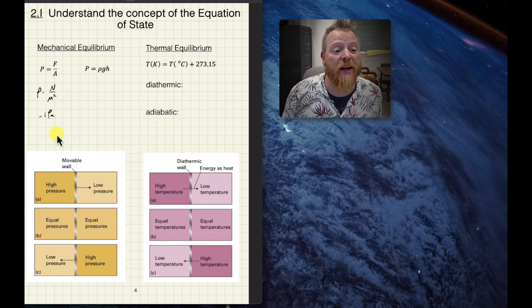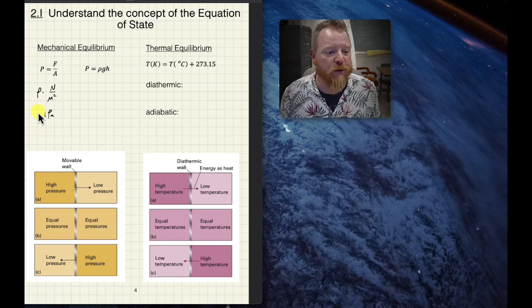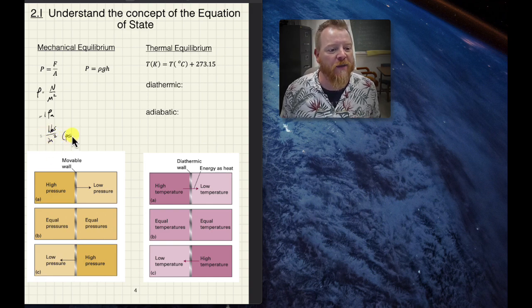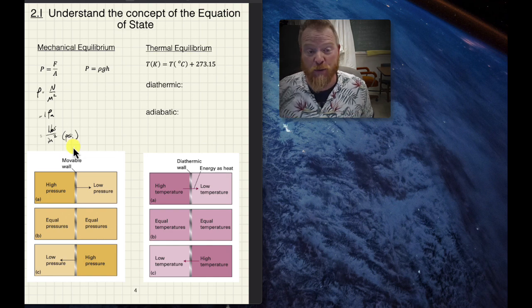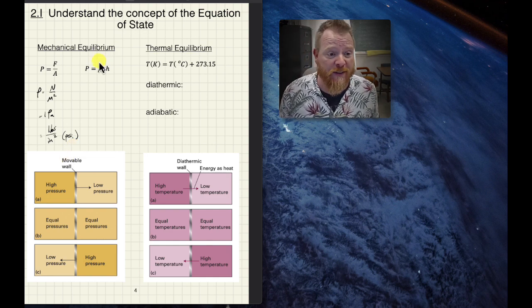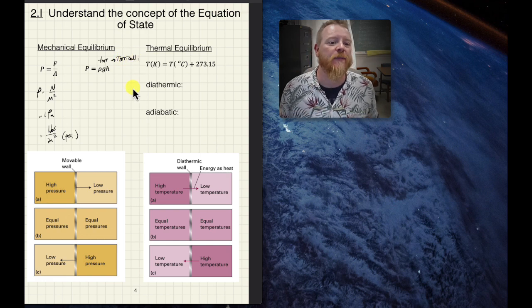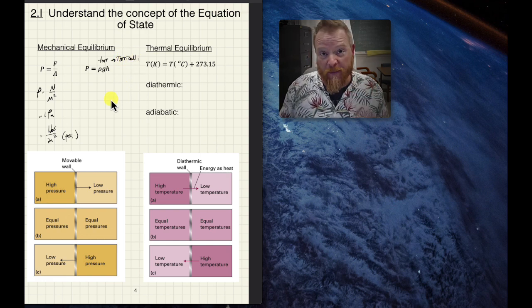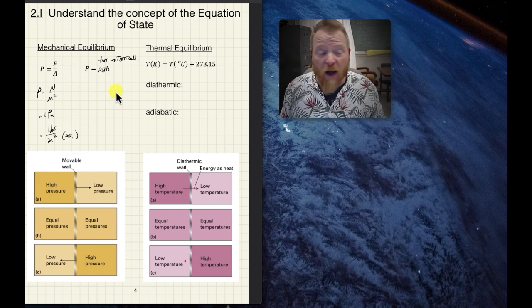Of course, we could do that in terms of pounds per square inch, right? If I have a pound of force acting over 1 square inch, then we know that that is a PSI, a pound per square inch. Or our other unit that we often see in chemistry is the torr, named for Galileo's graduate student, Torricelli. And the invention of this unit comes from Torricelli creating the barometer.